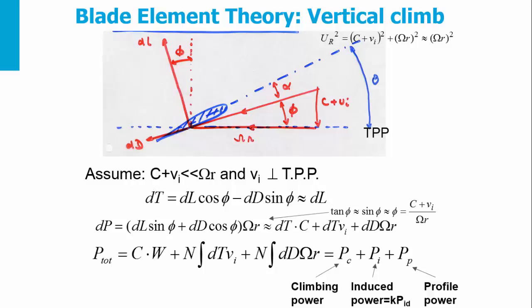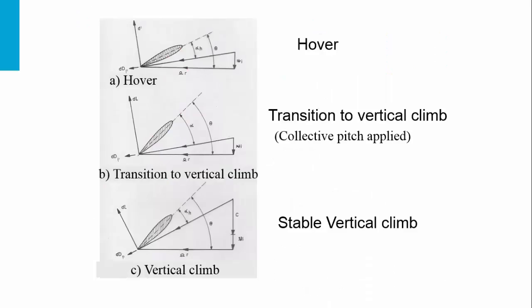The total power can be obtained by integrating along the radius and along the azimuth for the blades, and we end exactly like in hover with the induced power and the profile power. We have as extra the climbing power. So if we want to go from hover to a vertical climb, we need to apply the collective pitch and transition to vertical climb until we obtain a stable vertical climb.